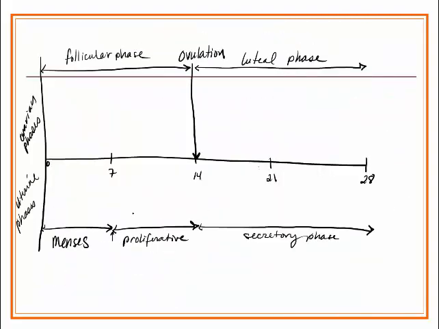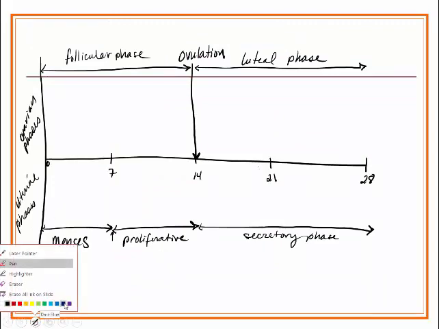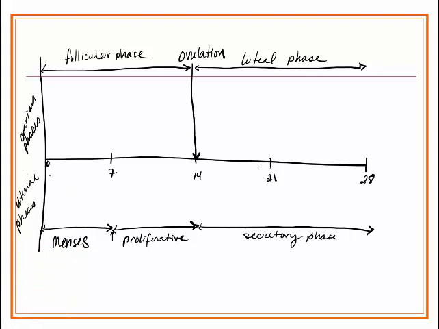Okay, so we want to go back to our chart. Okay, so the thickness of the uterus during the uterine cycles would look something like this. It's going to be low during menses because we sloughed it. Then it's going to grow during the proliferative phase when estrogen is encouraging the growth of the endometrium.